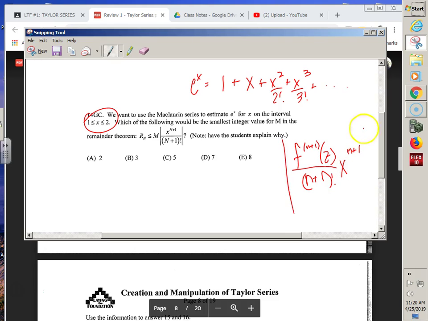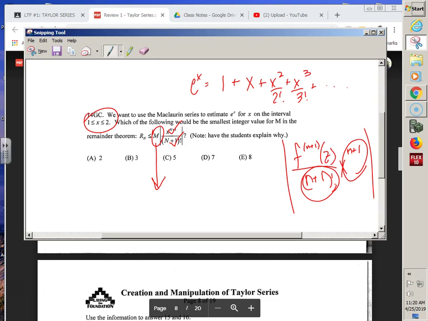Right? Okay. So we have x to the n plus 1 right there. We have n plus 1 factorial right there. So what are they actually asking for? This is like so many AP problems where they give you a random variable in a spot and you have to determine what it was or what it is.